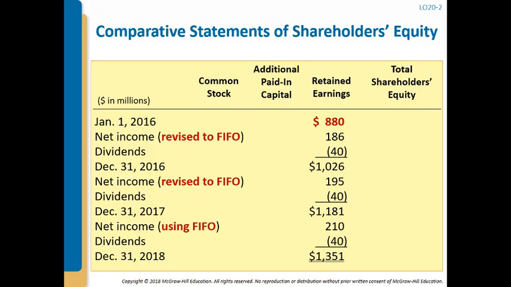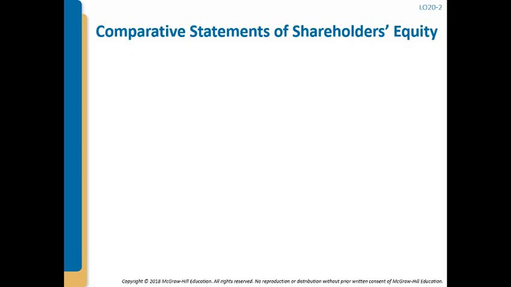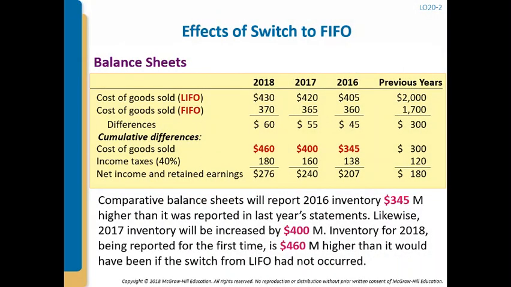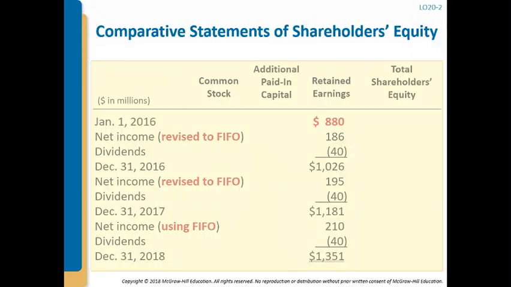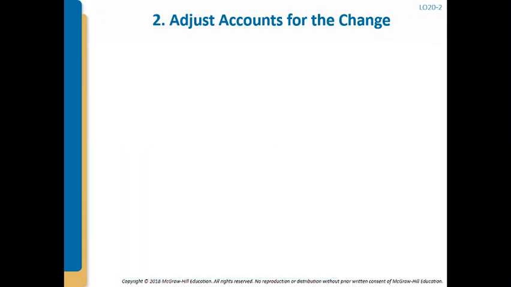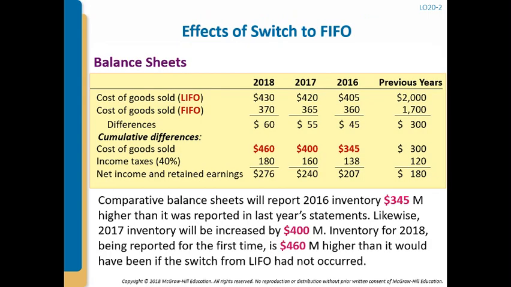And let's see where we got the income tax number from. So that's 160. Well, there's both numbers.